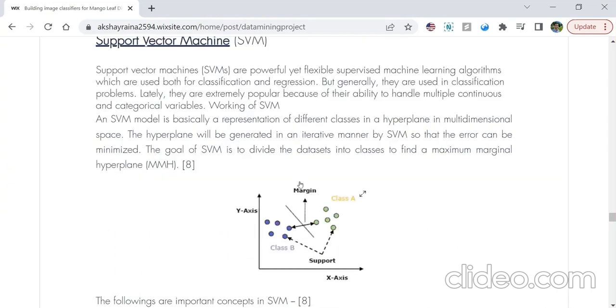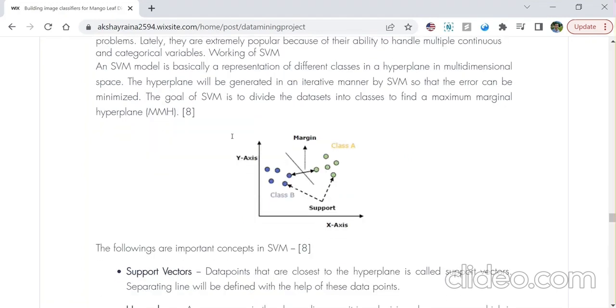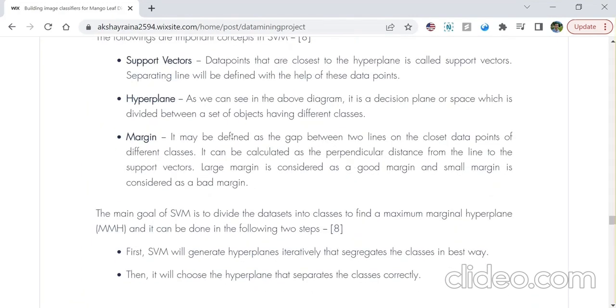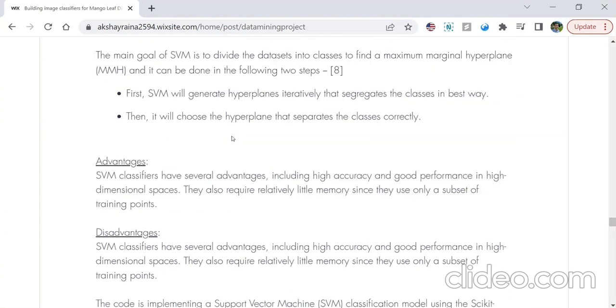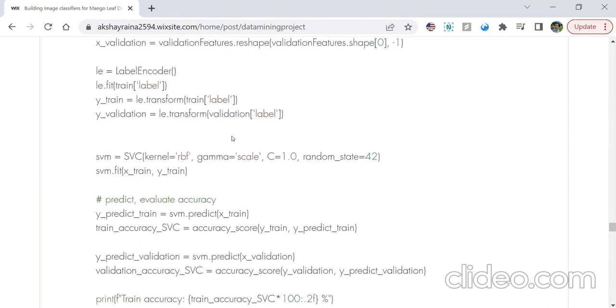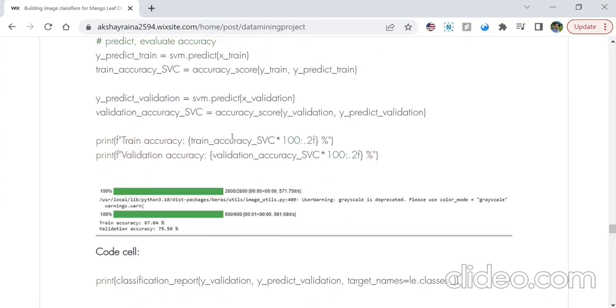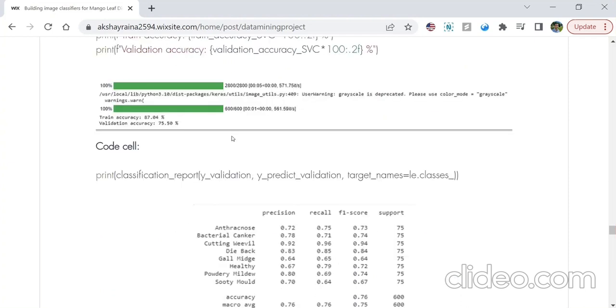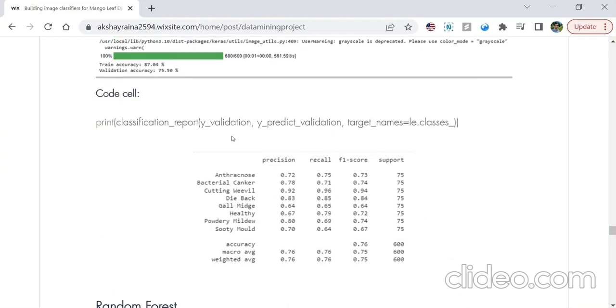Similarly, I have implemented the image classification techniques for various other models, starting with support vector machine, where I briefly explained the model and mentioned its advantages and disadvantages, coded and trained the model, fitted the model, and then predicted the training and validation accuracies and printed their classification reports.